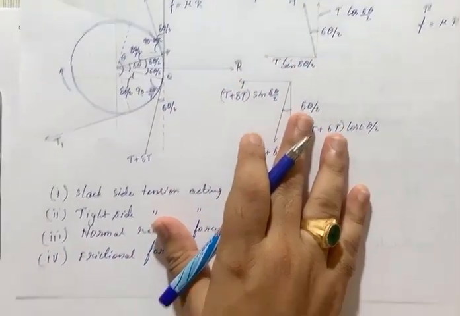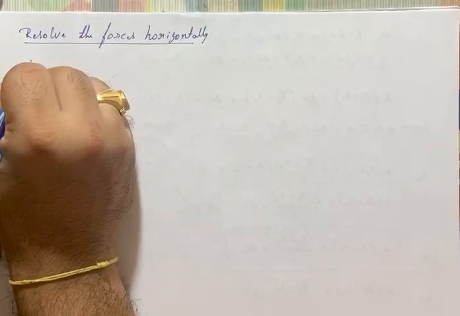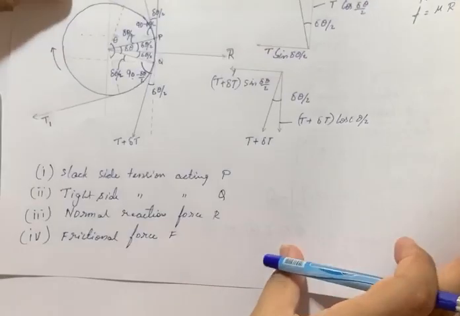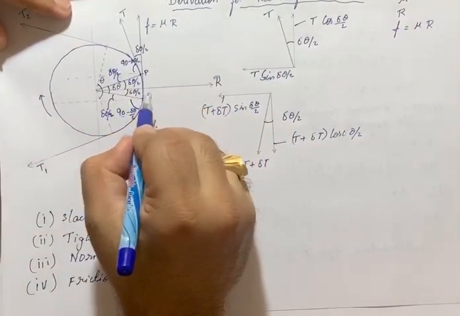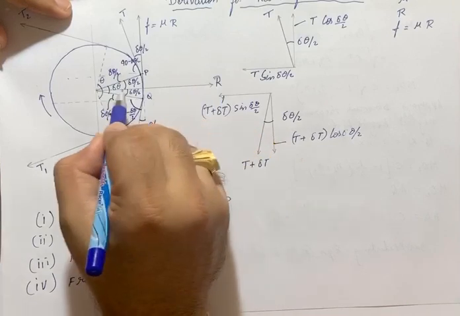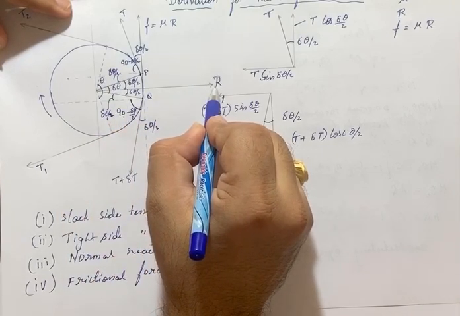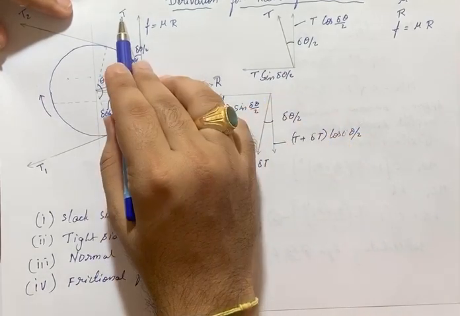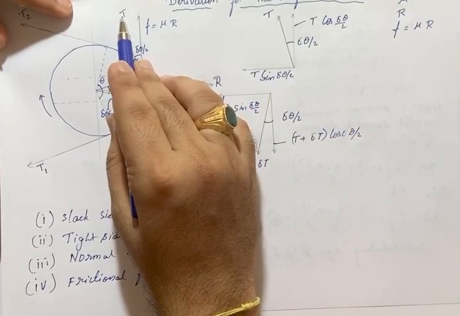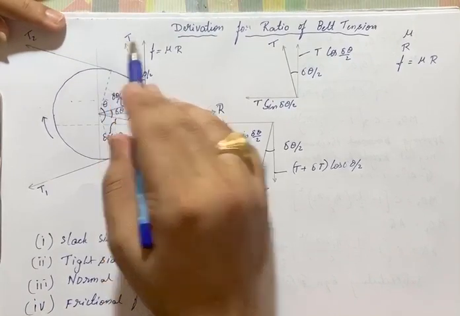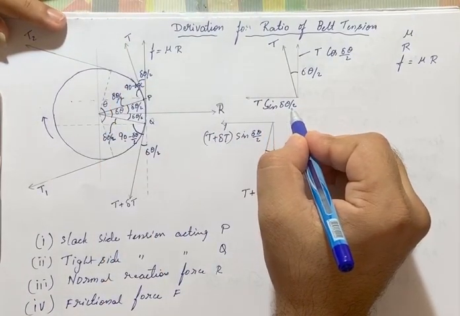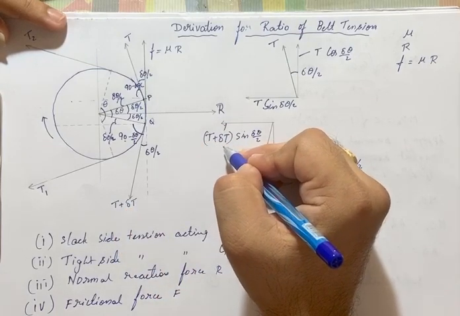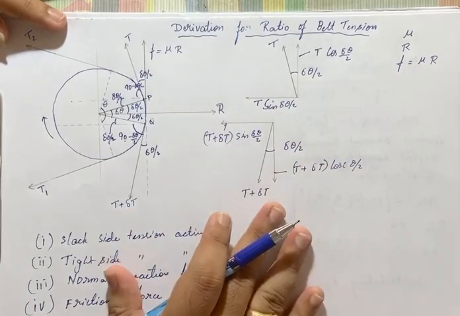So first force is R. I will write R equals, in the direction of x it is only R. In the direction opposite to x, one is the tension force T, that is T into sin delta theta by 2, and for the other force it will be T plus delta T into sin delta theta by 2.